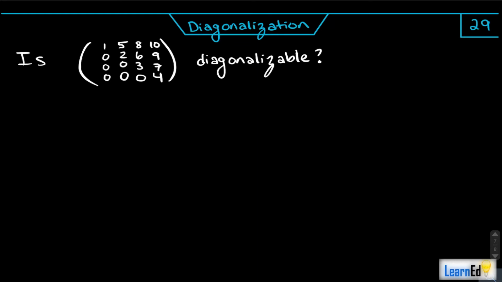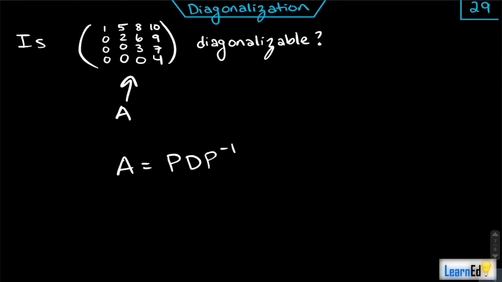If this is called matrix A and we want to take like A cubed or something like that, well, we set A equal to P D P inverse. Let's just talk about squaring A for now, because it'll make it a little simpler to write.